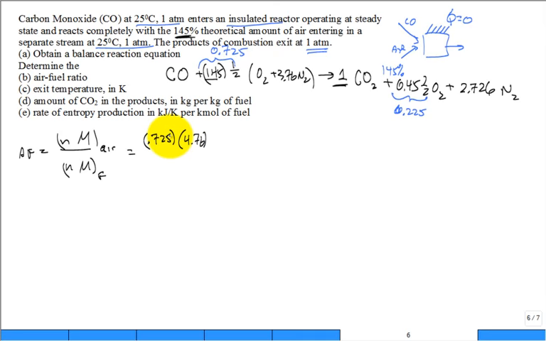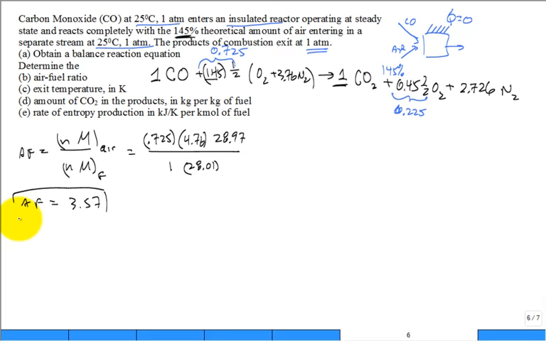That's how many kilomoles of air come in. And its molar mass, 28.97. You divide by 1 right here, and 28.01. And the air to fuel ratio comes in at 3.57. Done.